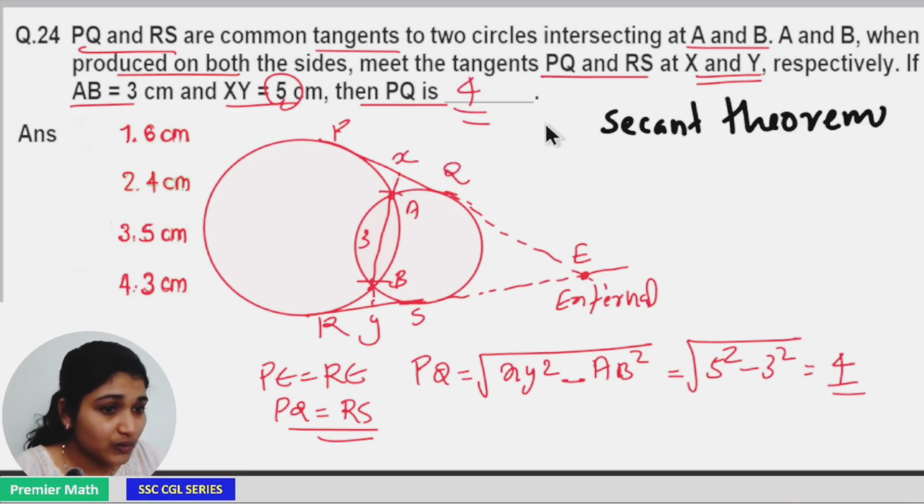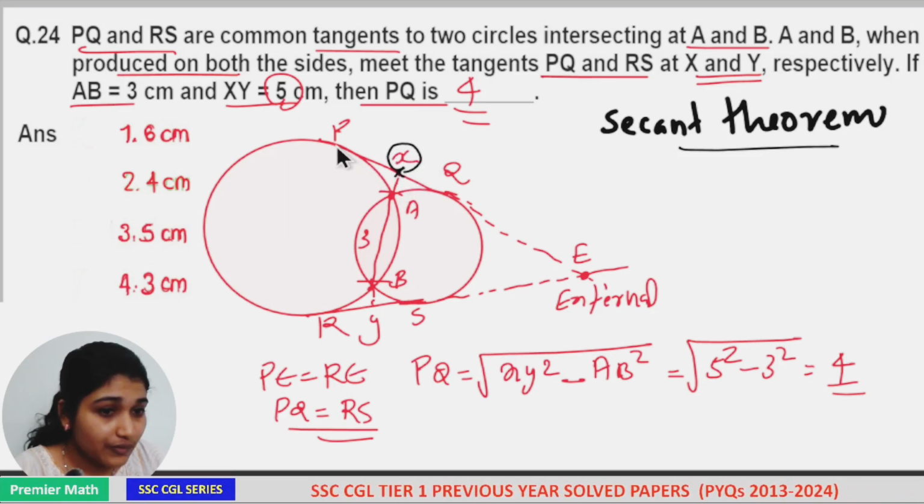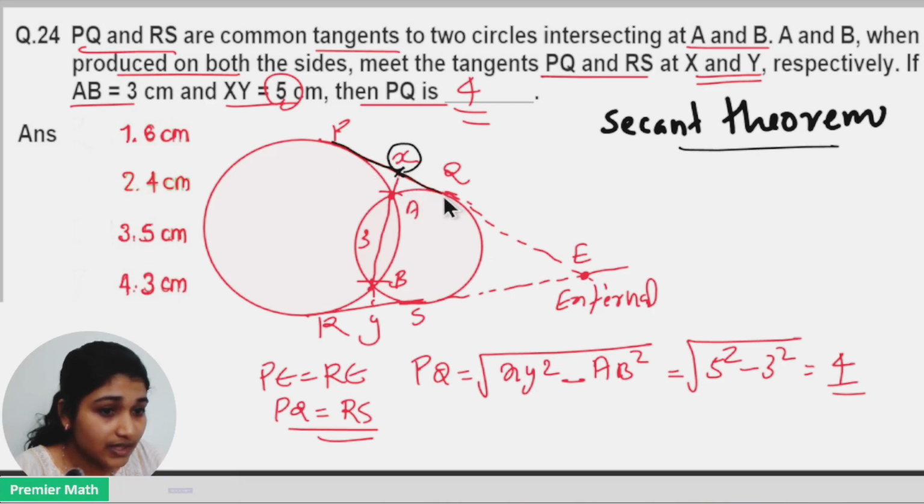Also you can do it using the secant theorem. Here X is an external point, and from X we have a tangent PX to the circle and tangent XQ to this circle. And here XB is the secant length.